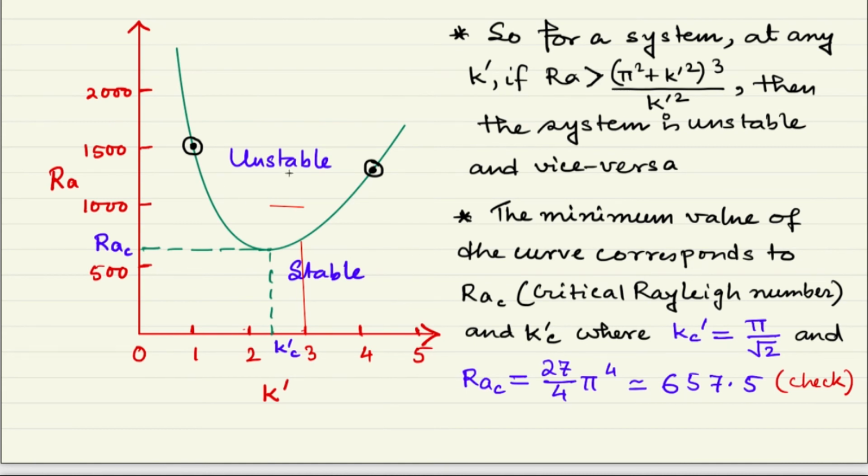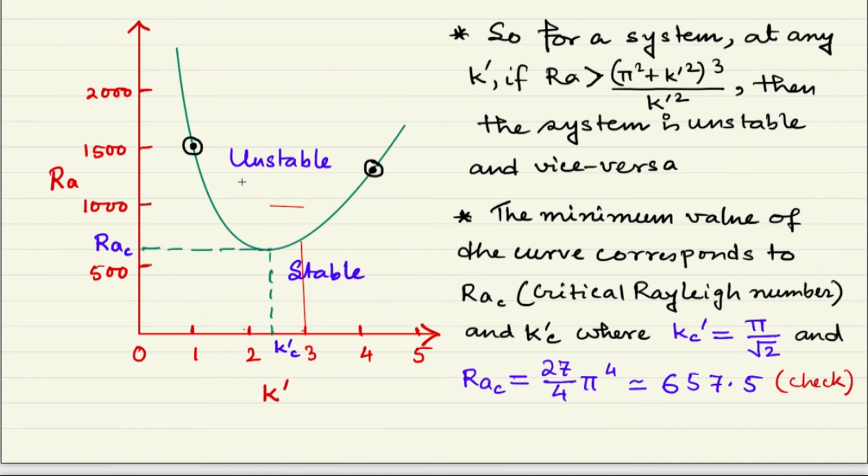If the system's Rayleigh number is greater than the critical Rayleigh number, let's say over here. When I am saying Rayleigh number now, that means the normal Rayleigh number, not the marginal Rayleigh number. I have just calculated the Rayleigh number of the system, and there you have to take into account that sigma is not equal to 0 in general.